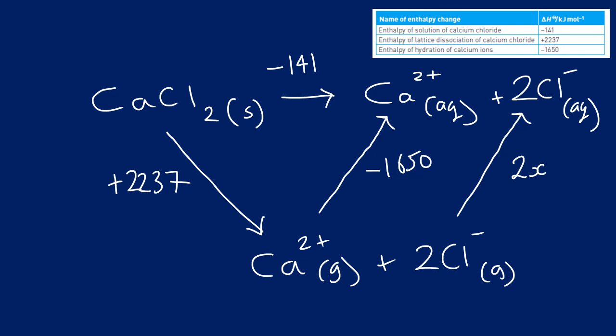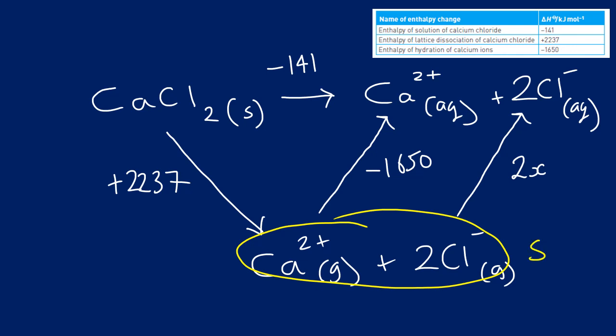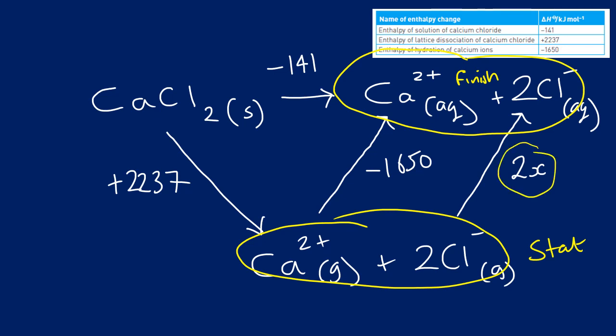So now I'm going to use Hess's law. Now I've decided that I'm going to have my start point down the bottom. That's going to be my start, and this is going to be my finish up here. I always like to have my start and finish to just be one step and involve my unknown value. So I'm making sure my start, finish includes my unknown.